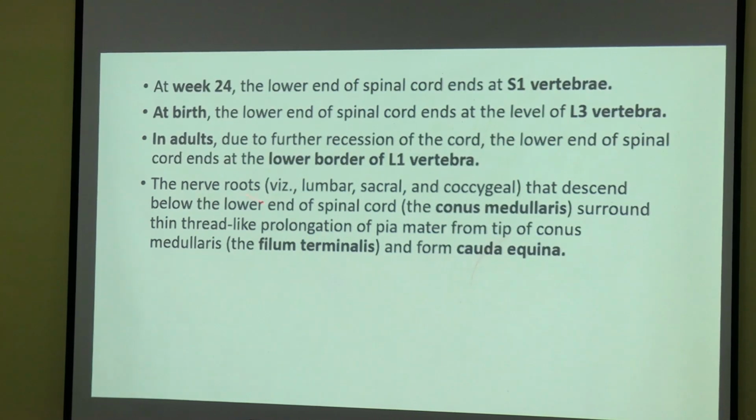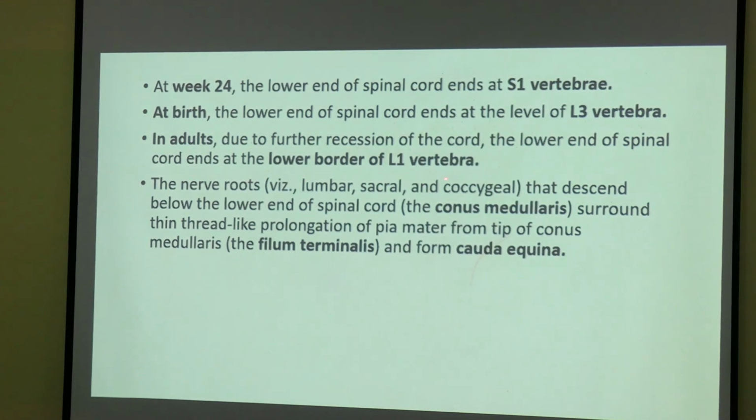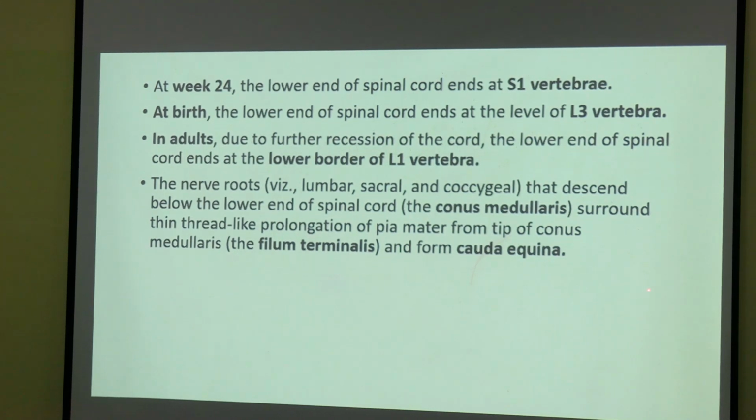At week 24, the lower end of the spinal cord ends at the S1 vertebrae. During birth, it will end at the level of L3 vertebrae. The adult position is the lower border of the L1 vertebrae. The nerve roots that descend below the lower end of the spinal cord are surrounded by a thin thread-like prolongation of pia mater, which forms at the tip of the conus medullaris to form the cauda equina.